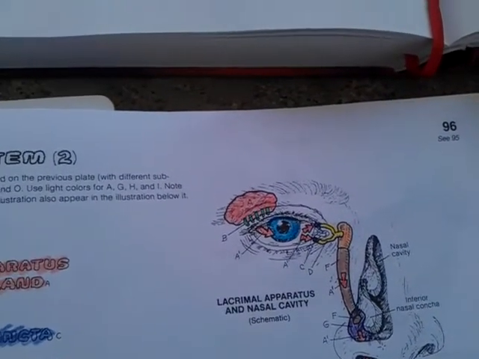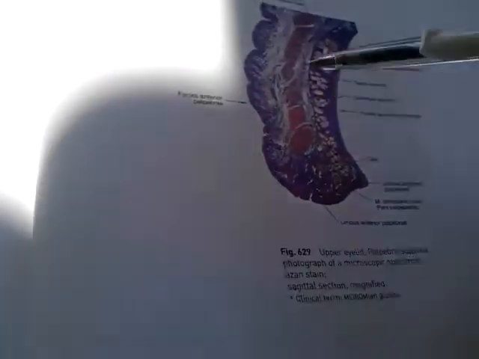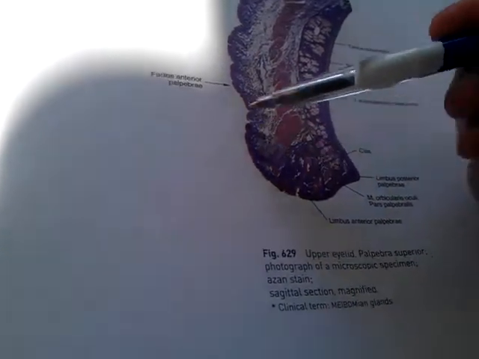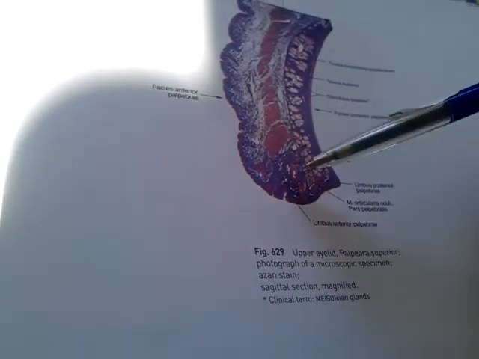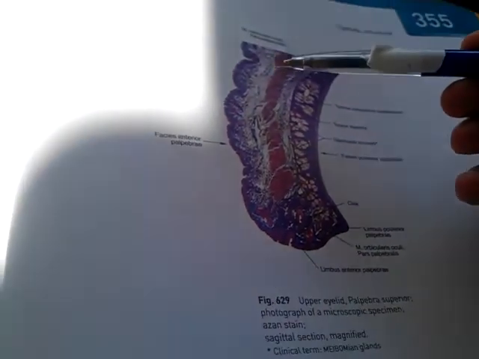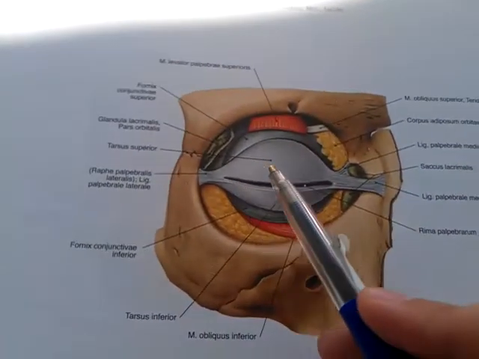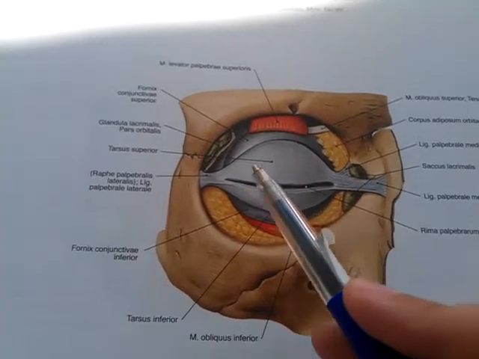The eyelids consist of skin and areolar tissue devoid of fat. And then we have orbicularis oculi muscle, and then we have tarsus, which is a plate of dense fibrous tissue.